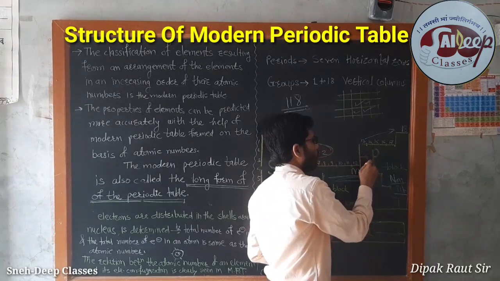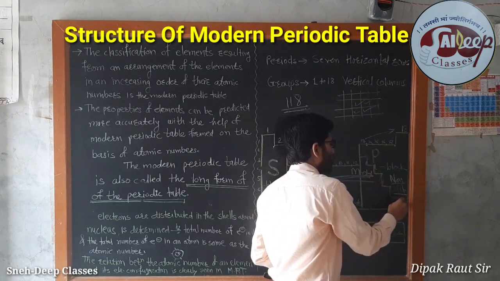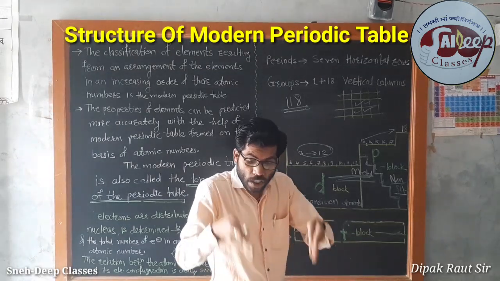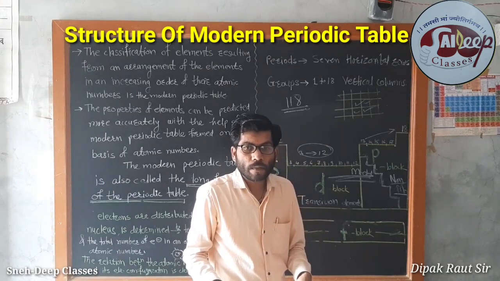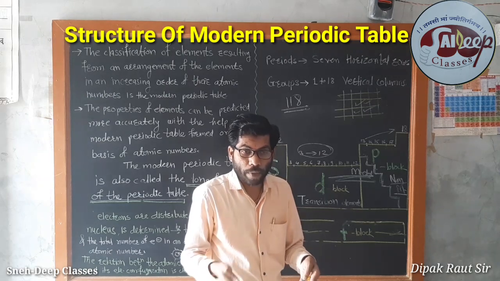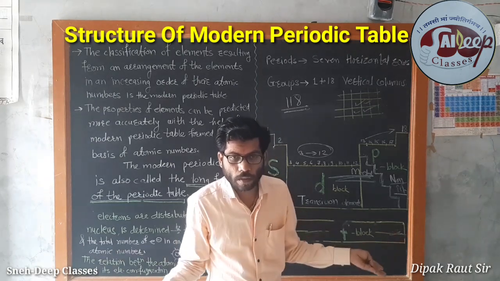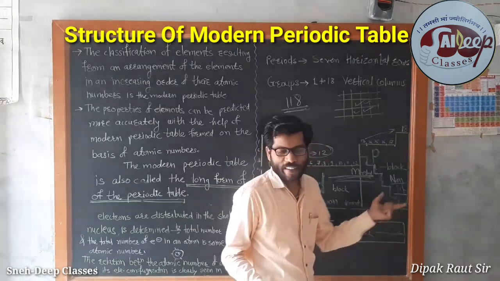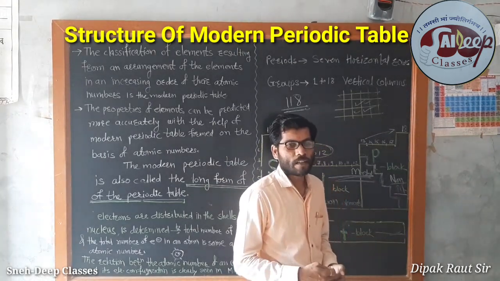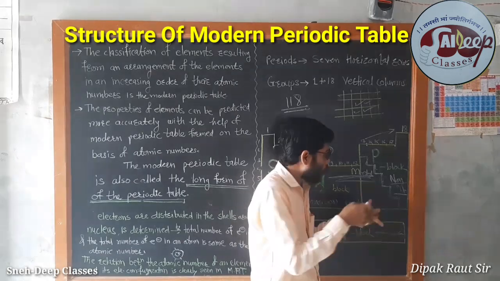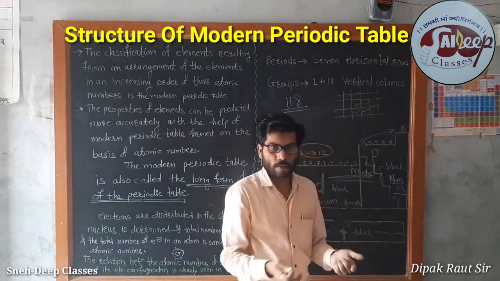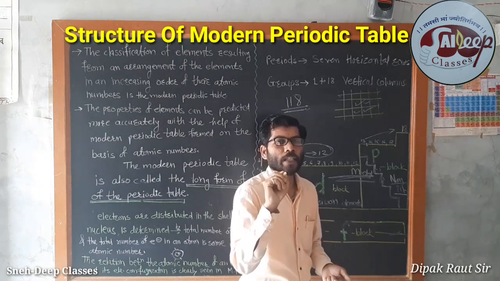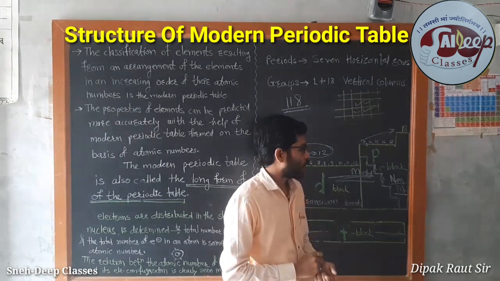But what are the elements on this line? The elements which are on this line, what? Metal, non-metal or any other? This is the question. Left side is metal, right side is non-metal, but the elements on the line, that is the question. Okay, and these are the metalloids, that means semi-metals.